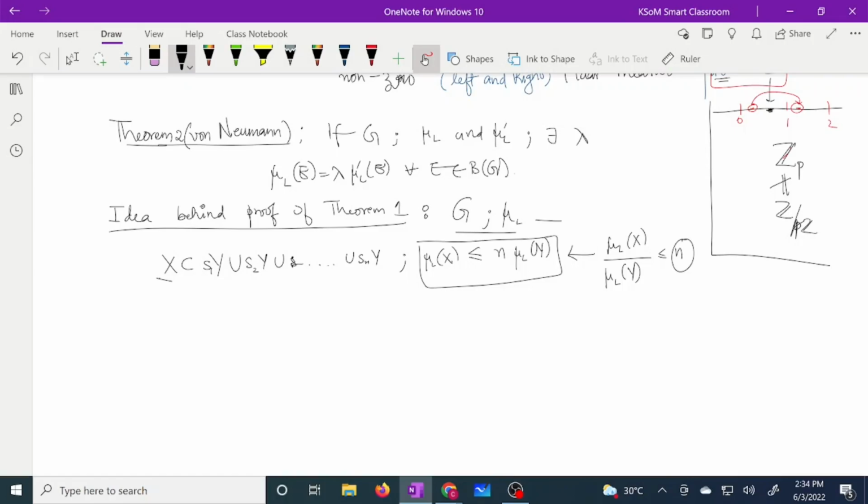Or in other words, what is this basically we are asking? Mu L of x by mu L of y, okay, even this is not entirely correct, so I will not write it here. So we ask, given an x and y, what is the least number of translates of y you need to cover x?